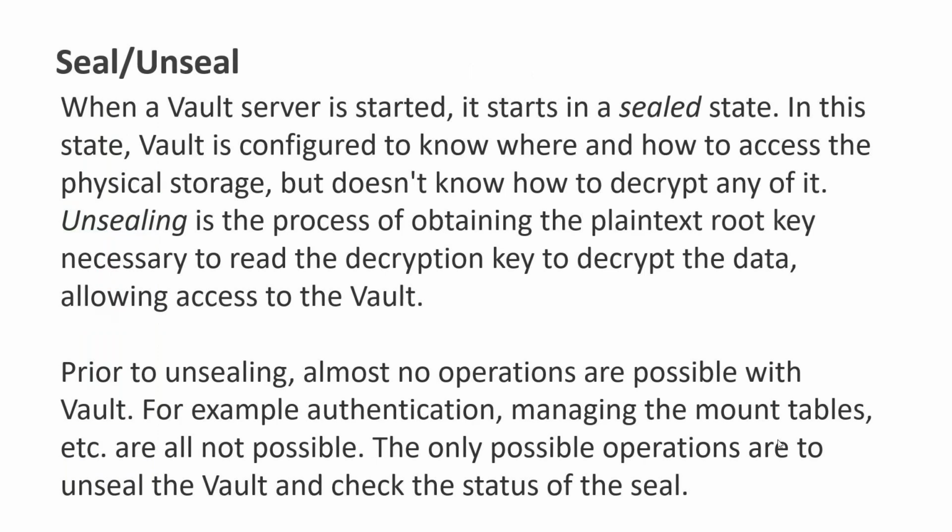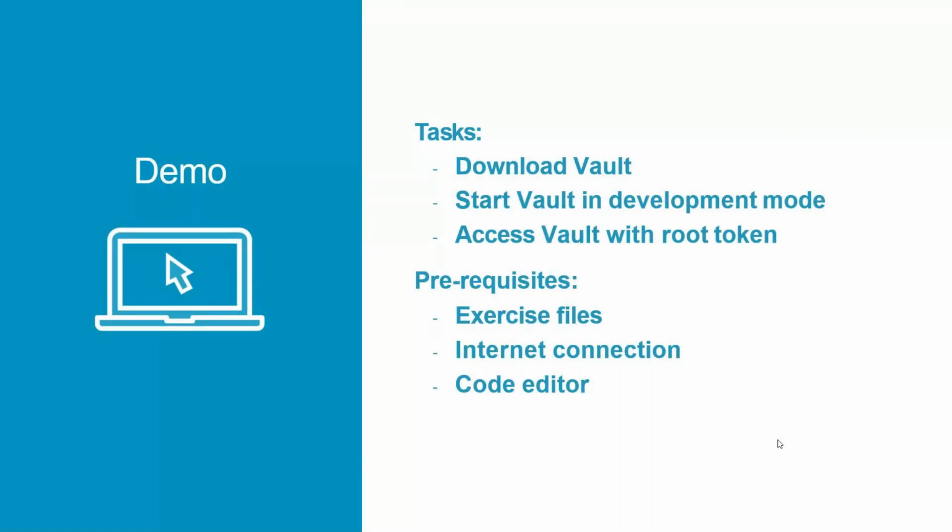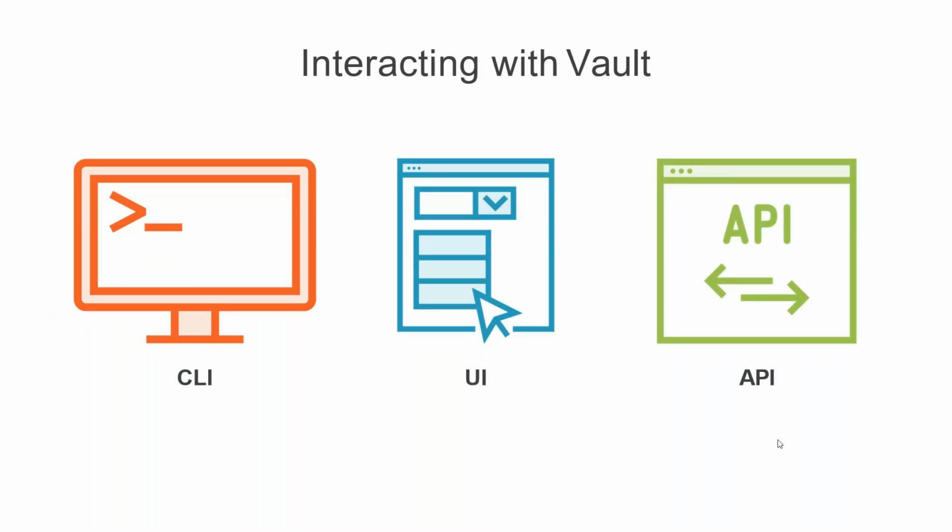Okay, so seal and unseal, we understand. Okay, how do we interact with Vault? You can interact with the CLI, which I said is the same Vault executable. There are applications also, which I'll show you, and API also.